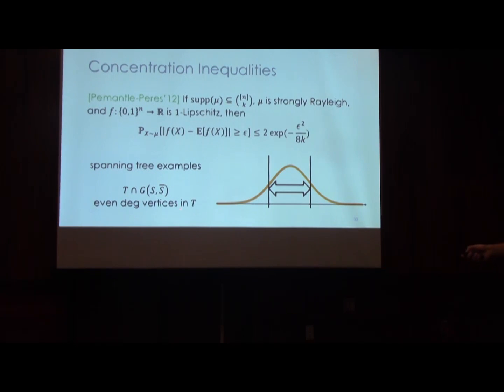If you look at the number of even degree vertices in a random spanning tree, that could be useful for TSP, for example. This is also a variable which is concentrated around its expectation.